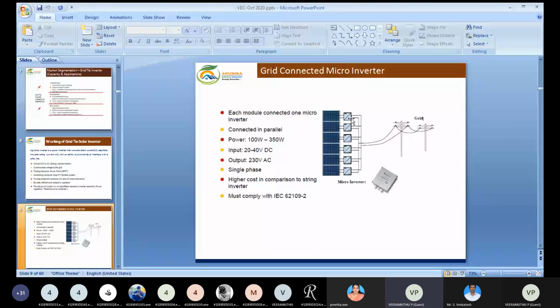The capacity of these micro inverters will be from 100 watt to 300 watt, maximum 300 watt. Here the input voltage will be 20 volt to 40 volt, because each panel output voltage will be around 36. So this is called a solar PV module.